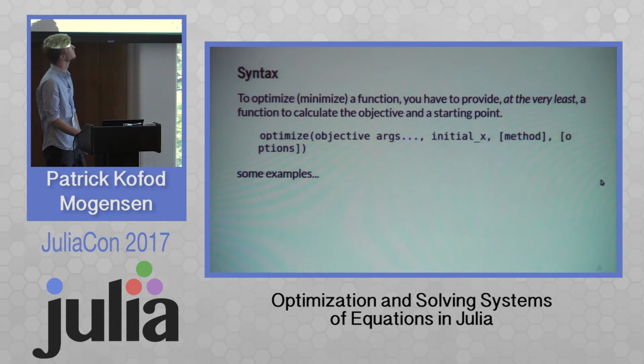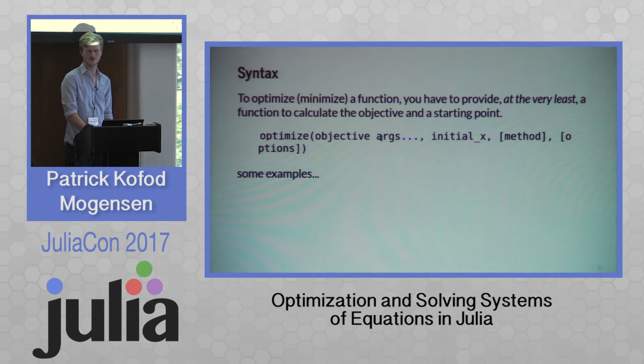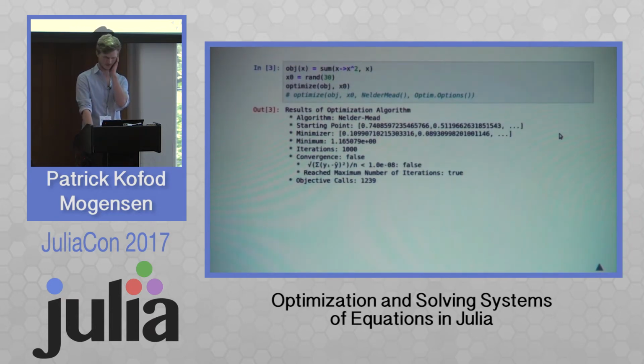The way you use this package is you write optimize, and then the objective arguments: that could be the objective function, or the objective function and the gradient, or the objective function, the gradient and the Hessian. Then you have to specify an initial x. As I said, these are local methods, so you have to tell us where you want to start, and then we will try to find a small value of the objective for you from that point on. Then you can specify a method; if you don't, it will fall back to some default. And then you can specify options, and if you don't, we'll just use the default ones.